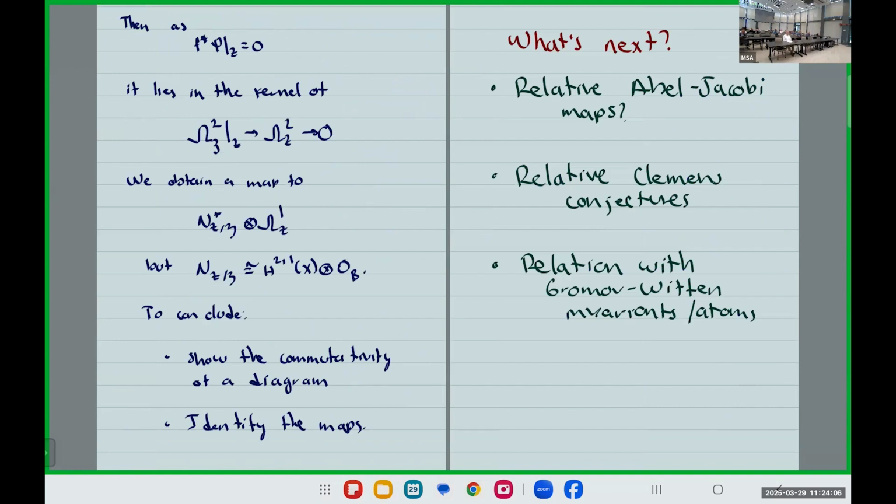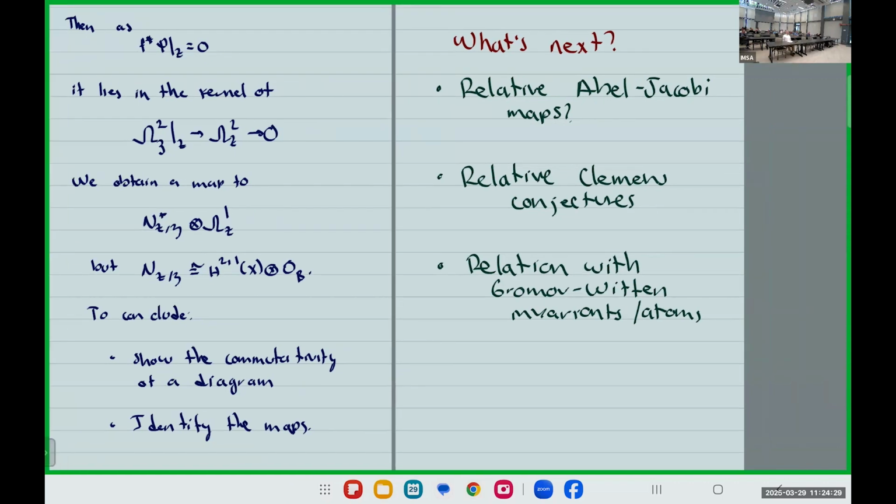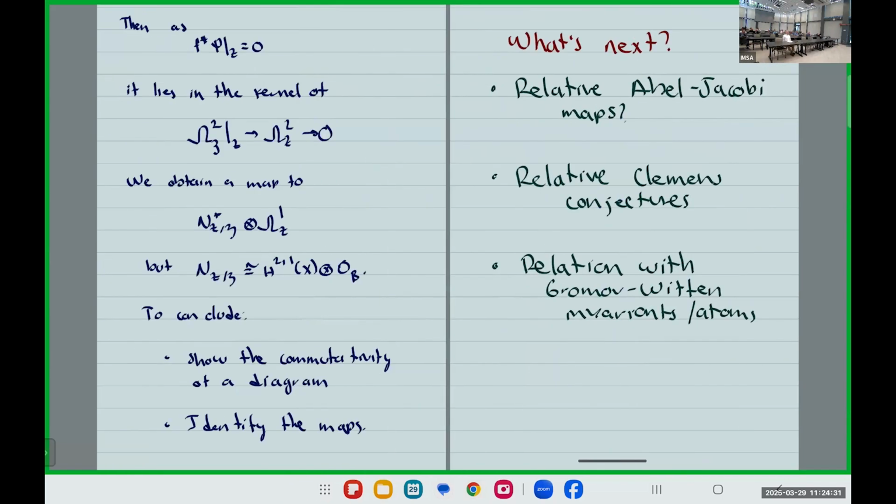So this is what we have in the relative case. So we can ask what's next, what else we can do, what kind of analogies we can find. We can ask if we can define something like relative Abel-Jacobi maps. So we have Abel-Jacobi in the Calabi-Yau case, and I will have some slides about Clemens' conjecture.